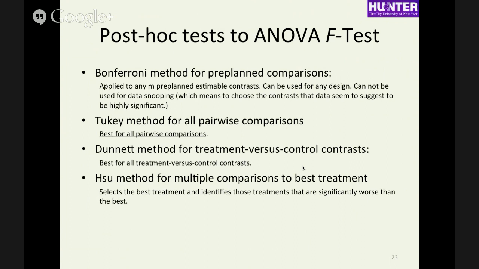So in that example of non-smoking, smoking cigarettes, smoking e-cigarettes, smoking hookah, you might use the Dunnett method just to compare the 3 different methods of smoking to non-smokers. Or this Hsu method, I don't think you're going to use that, but if you just wanted to take your best or your most extreme mean and compare everything to that, you could use this method.